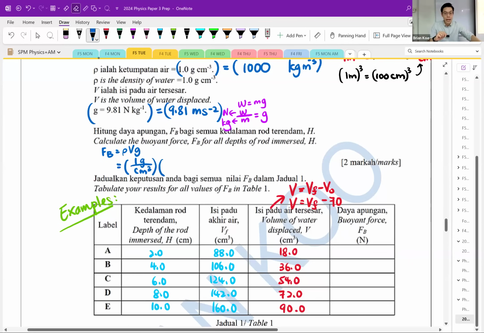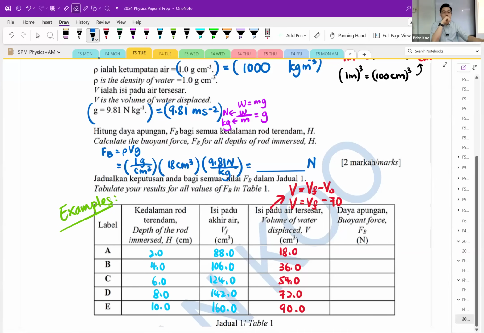Volume, mine is 18 cm cube. Then 9.81 Newton per kg is the G. Do you think this can give you the answer in newtons? I'm just multiplying everything I got. You double check for me. Do you think this can be in newtons?